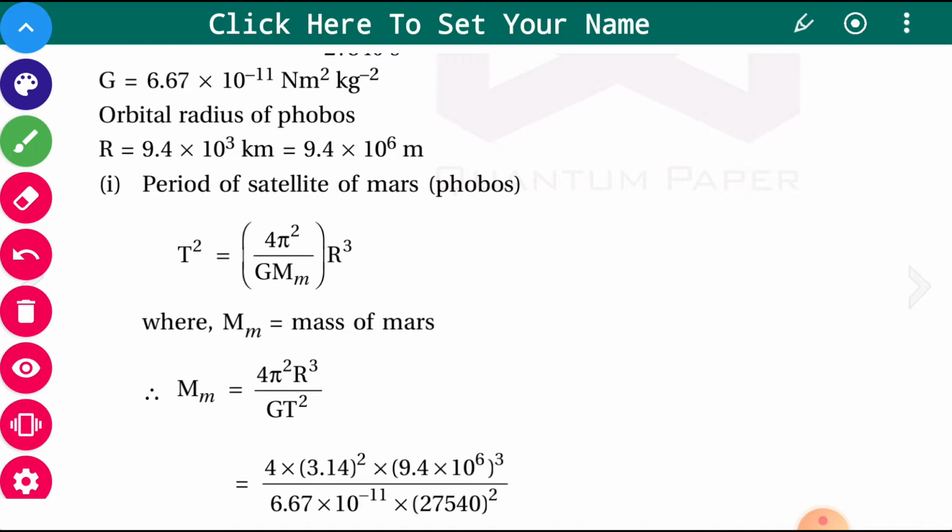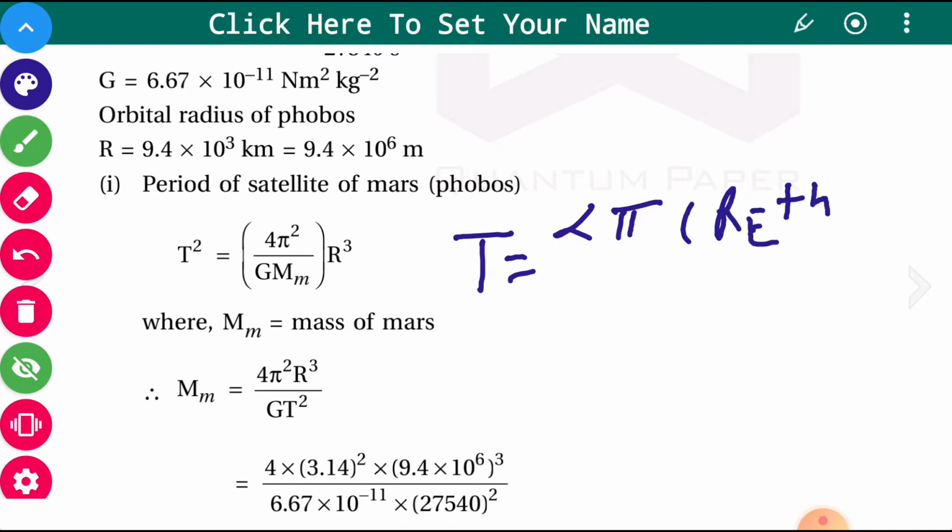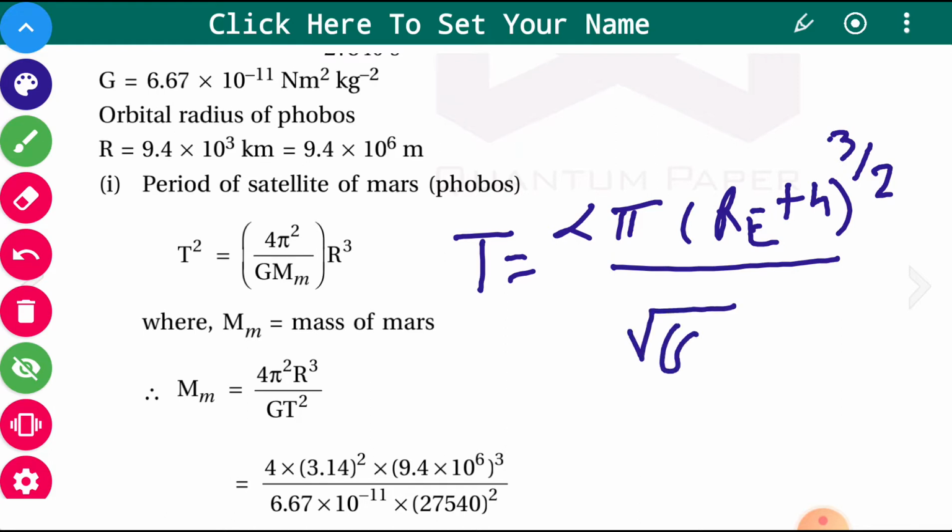In general the period is T equal to 2 pi, RE plus h raised to 3 by 2 upon under root GME, for a satellite which is moving around the Earth at height h.